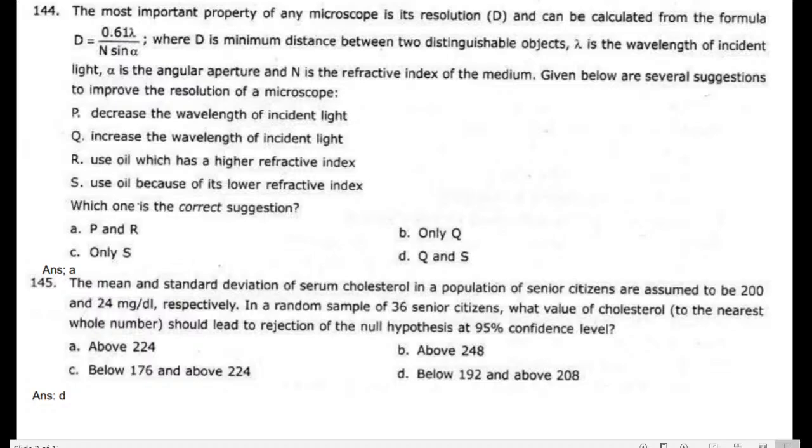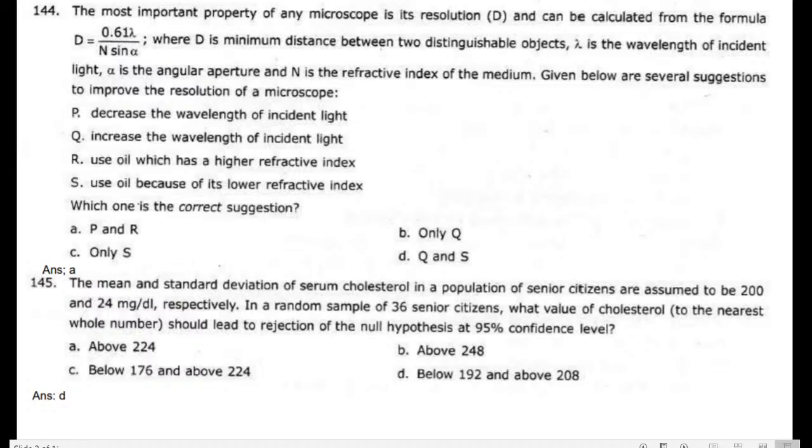So the oil which has the higher refractive index will improve the image resolution in the microscope.